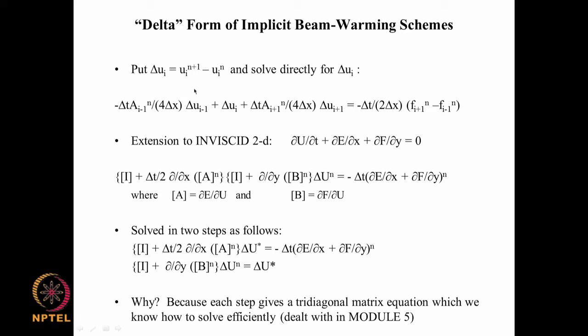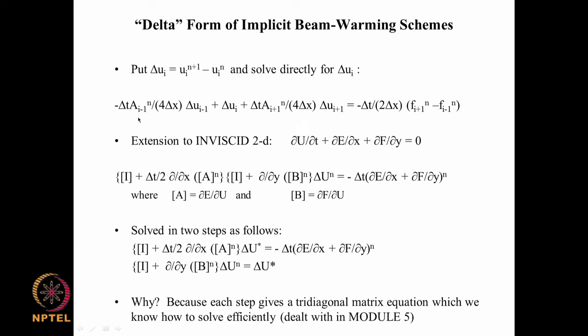At the nth time step, after we have evaluated u_i^n, this is the equation that we solve to get delta u_i. This equation has variables not as u_i^(n+1), u_(i+1)^(n+1), u_(i-1)^(n+1), but delta u_(i-1), delta u_i and delta u_(i+1) as the variables, and this we can see is a tridiagonal equation.